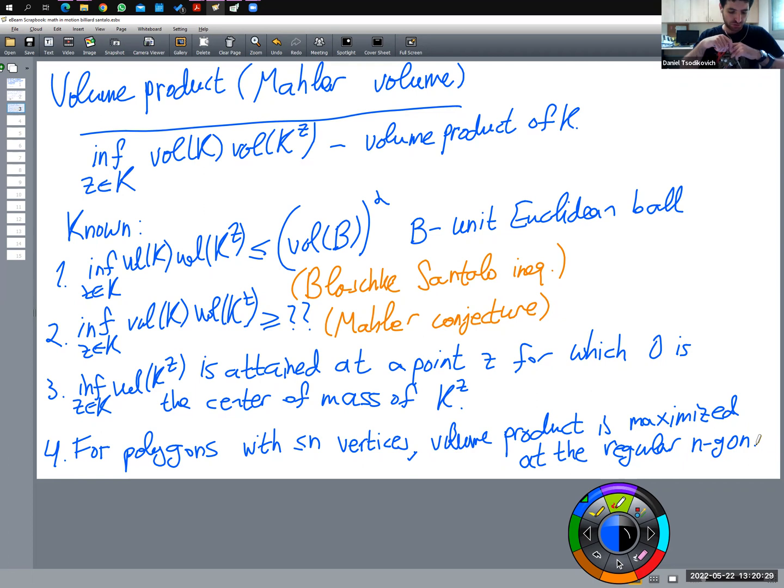So I don't really want to talk about the Mahler volume. I want to define another quantity which has the same spirit, but instead of volume, we will measure something else.